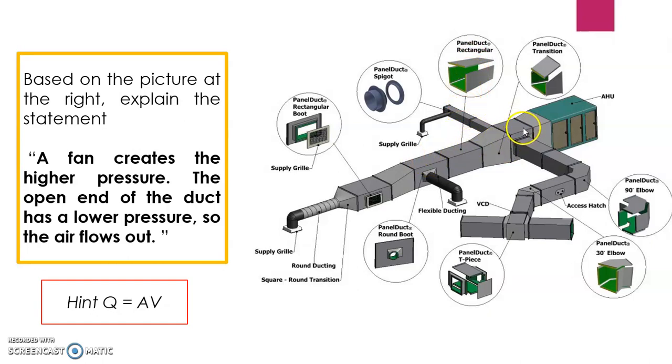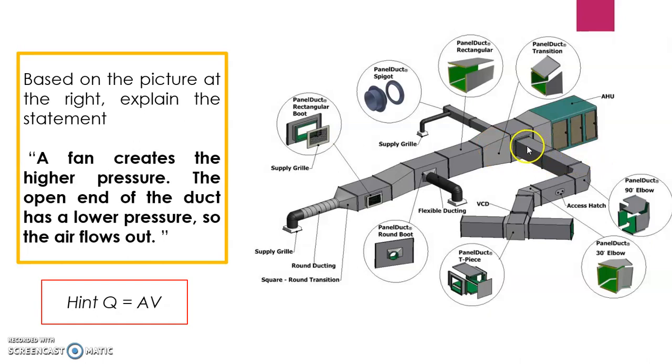As you can see here, the size of the duct becomes smaller from the beginning of the ductwork system. If we are using a smaller size of duct, there will be an increase in the velocity. So if you want to reduce the size of the duct, usually we will use the duct transition, or what we call the reducer.